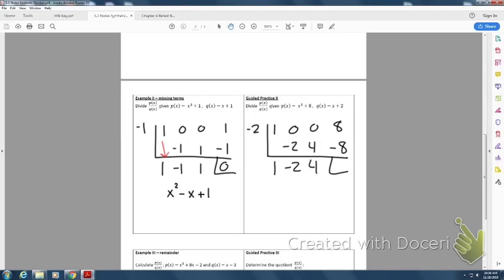If you've already gone down to the bottom 2 and you're getting remainders on that, then you may be doing it correctly. You will get remainders on the bottom 2.